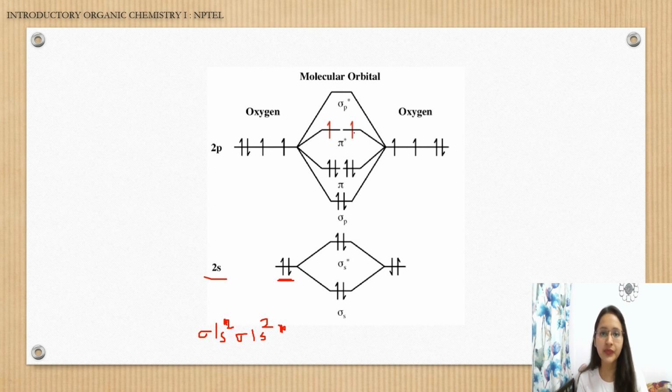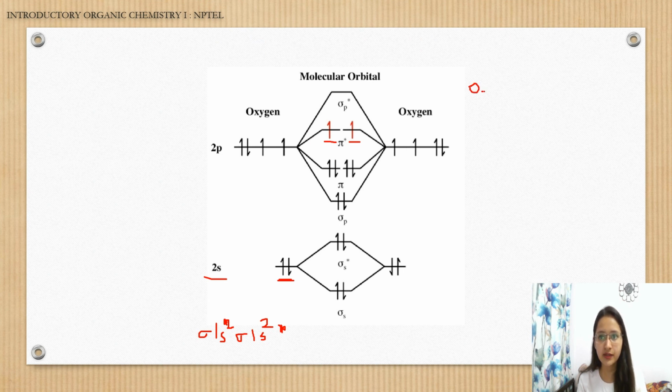As you know, according to Hund's rule, you place the electrons singly and then you have to pair them. So here we are placing this electron singly in this pi star orbital. You have to know the electronic configuration first, and arrange those electrons into the respective orbitals.